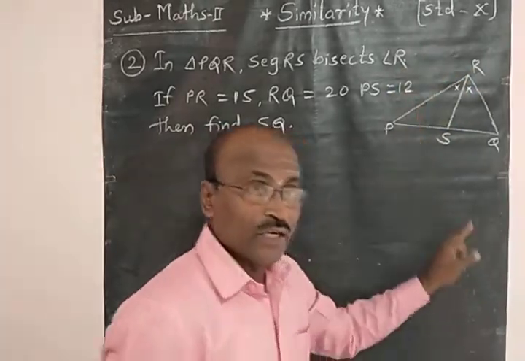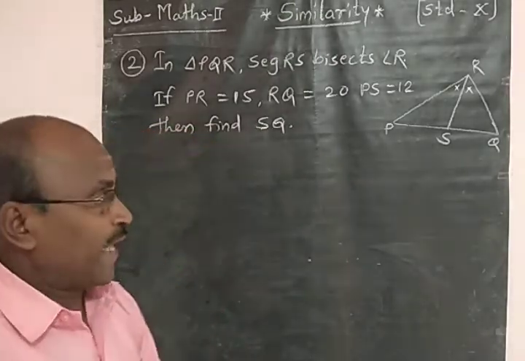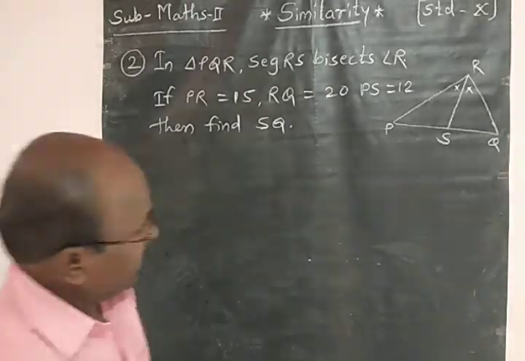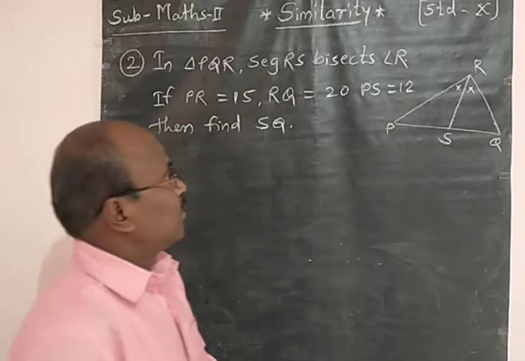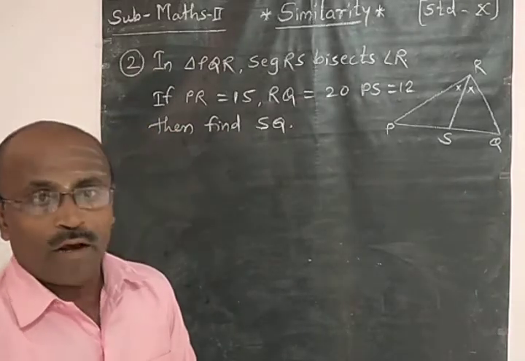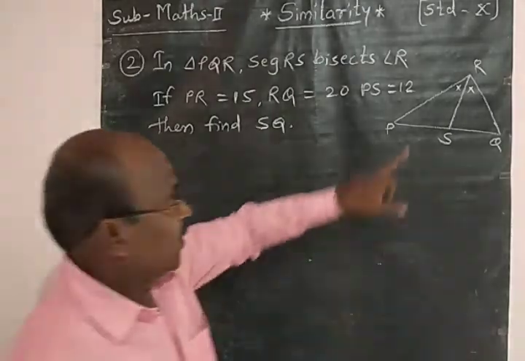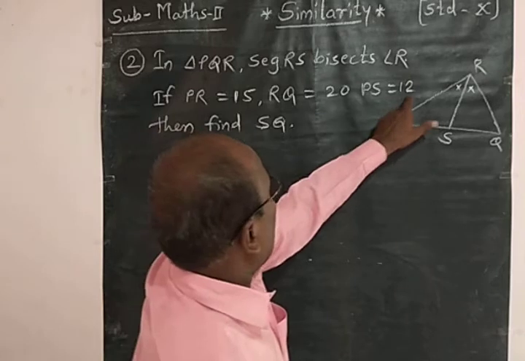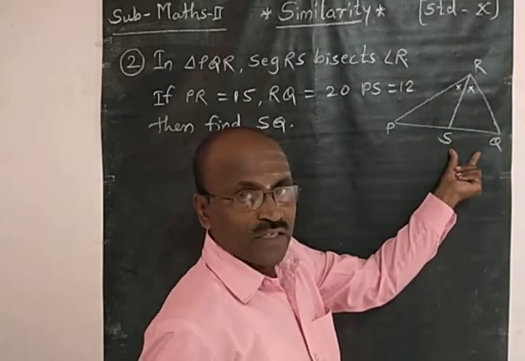So here, if the bisector of an angle of a triangle is given, then it is to be solved by using the property of the angle bisector of a triangle. Here also, PR is given, RQ is given, PS is given. We have to find SQ.